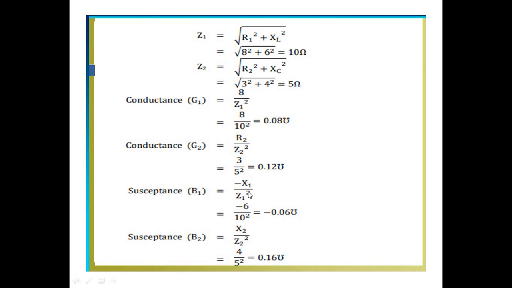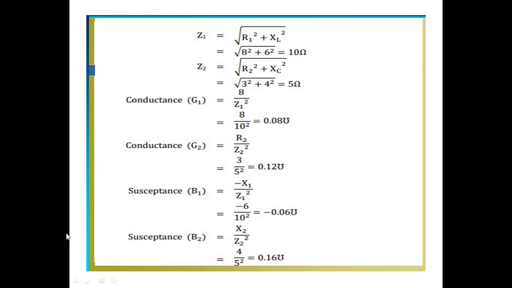Here conductance G1 is R1 divided by Z1 squared, 8 divided by 10 squared is equal to 0.08 mho, and then conductance G2 is equal to R2 divided by Z2 squared, 3 divided by 5 squared is equal to 0.12 mho. And then susceptance B1 is equal to minus X1 divided by Z1 squared.